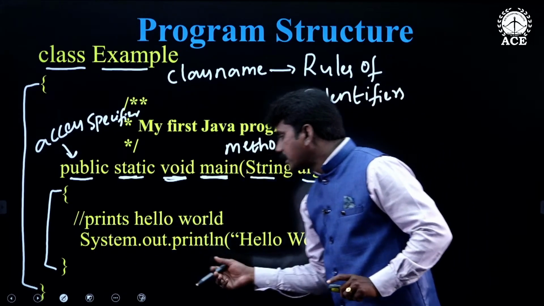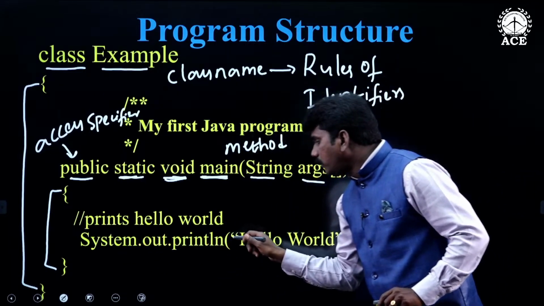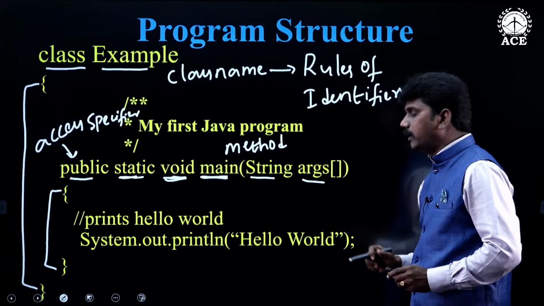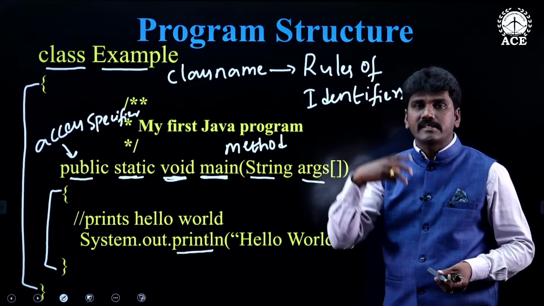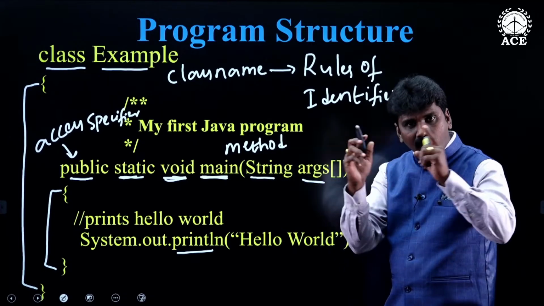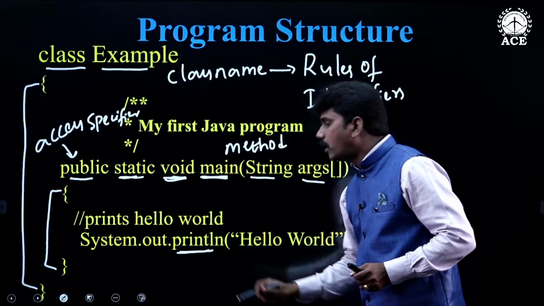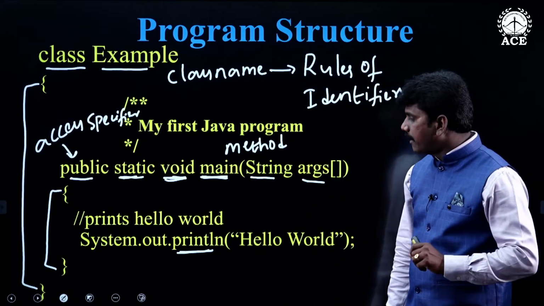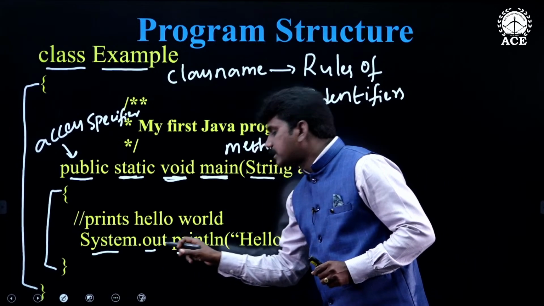Next is one statement I have taken: System.out.println hello world. Here println is the method to print something to the monitor, or to display something. It is available in the class System, and the reference is out.